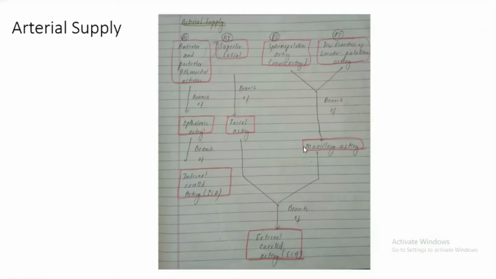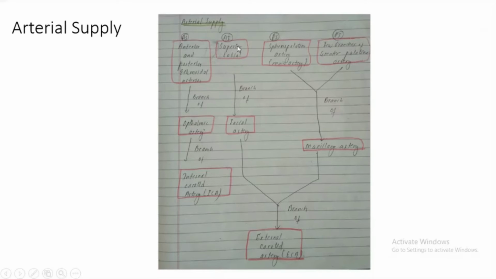And arterial supply: to make the arterial supply easier to understand, we divide the nasal septum into four quadrants: anterior superior, anterior inferior, posterior superior, and posterior inferior. The anterior superior is supplied by the anterior and posterior ethmoidal arteries, which are branches of the ophthalmic artery, which is further a branch of the internal carotid artery.